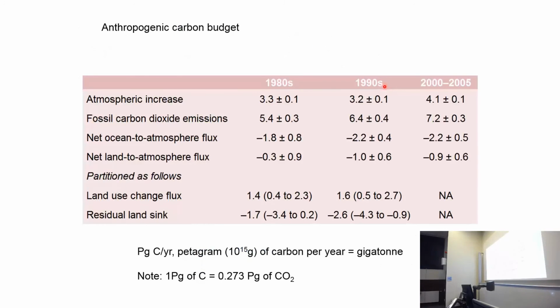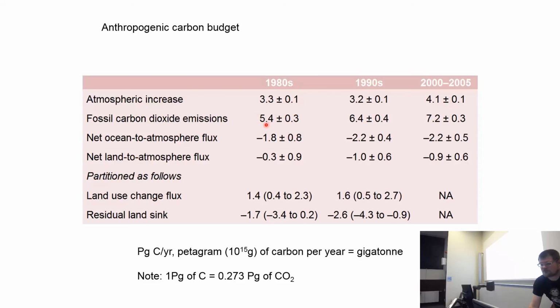Okay, so just looking at the budget of what we've been putting into the atmosphere. The top number in this table is how much extra carbon has gone into the atmosphere in the 80s, 90s, and 2000s. We can see that we're increasing the rate at which we're putting carbon into the atmosphere.